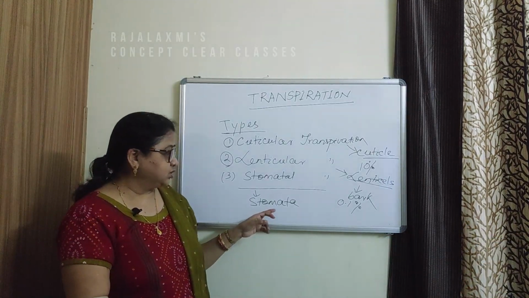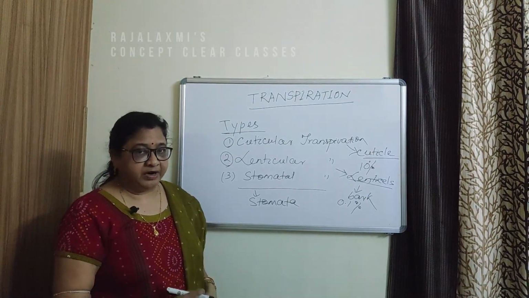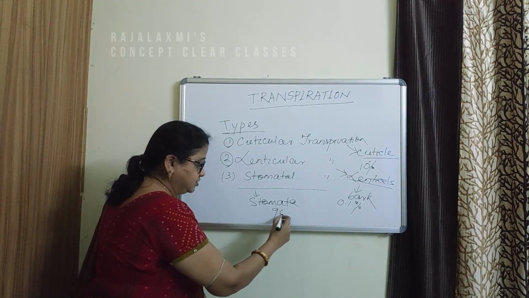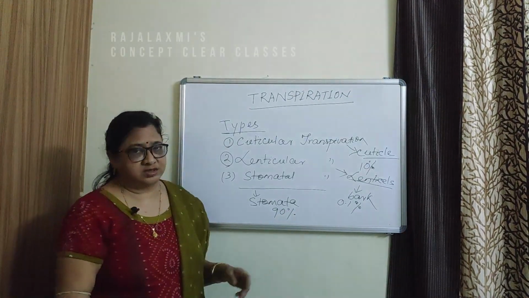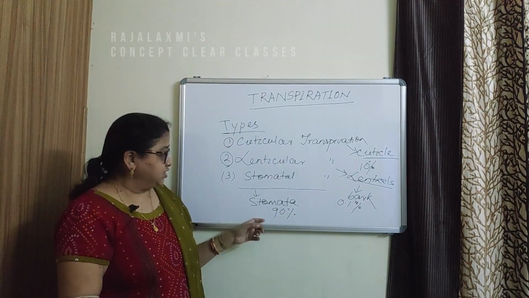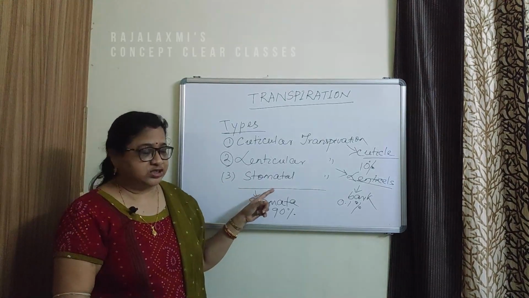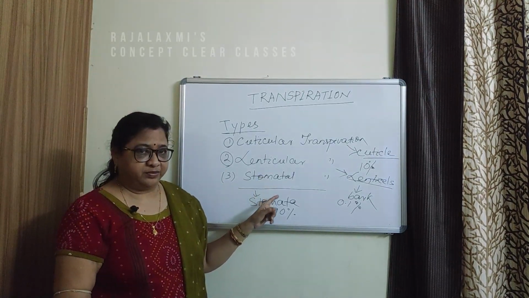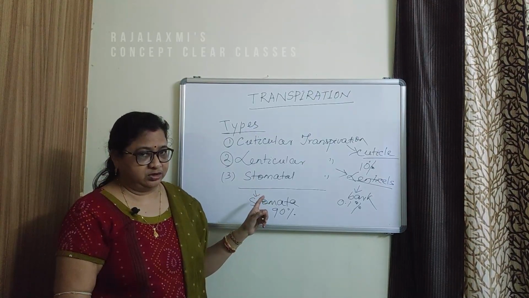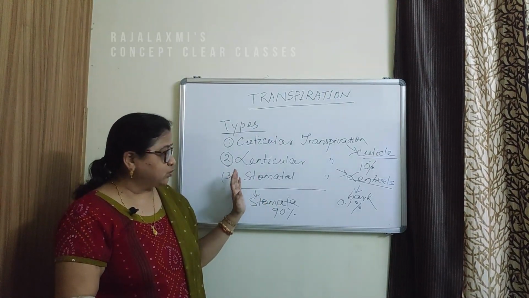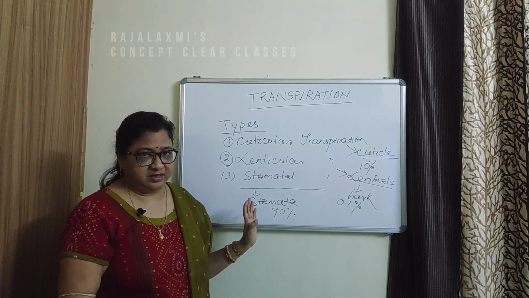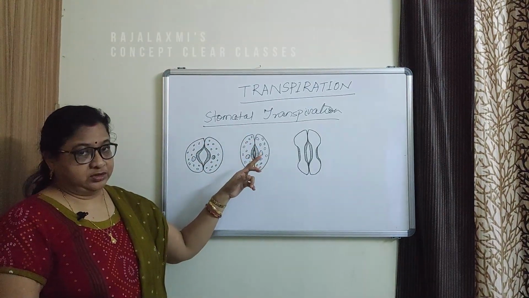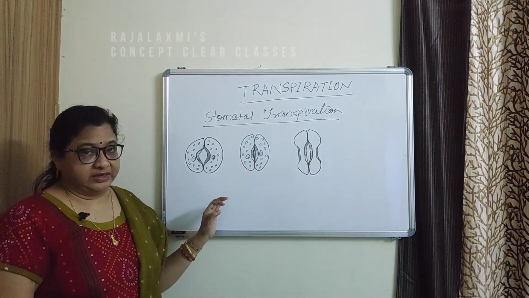And through stomata, about 90% of water is lost. So, we see that stomatal transpiration is the main, the important type of transpiration. So, we will study stomatal transpiration in detail.